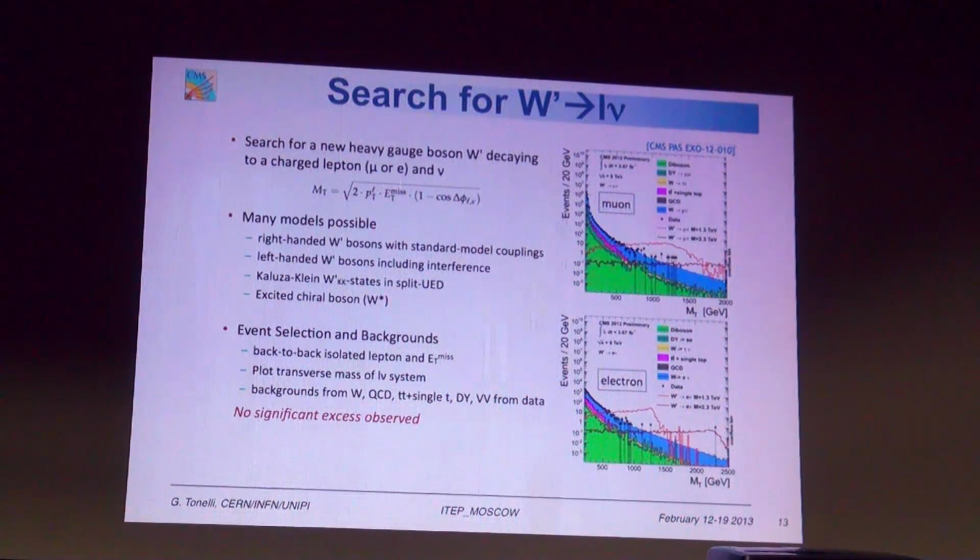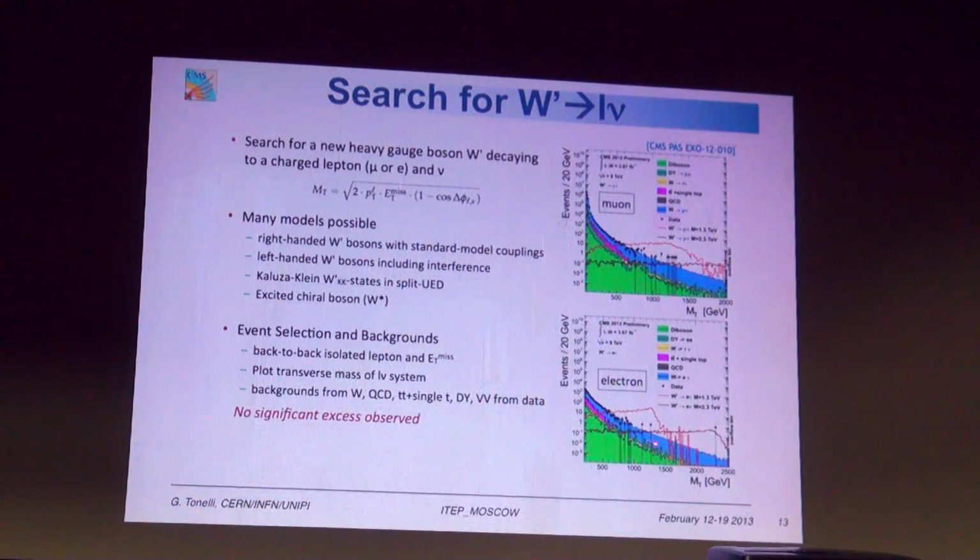The search for W prime is somehow the brother search. Again, you have the W selection, you extend the W selection such that you have the Jacobian peak, which is now here, and you look into details, but it's basically very similar to looking for W at the end of the day. And since you have a neutrino, you don't expect to see a narrow resonance, you expect to see a really broad bump, very broad excess in the muons or the electrons, depending on the resolution you have.